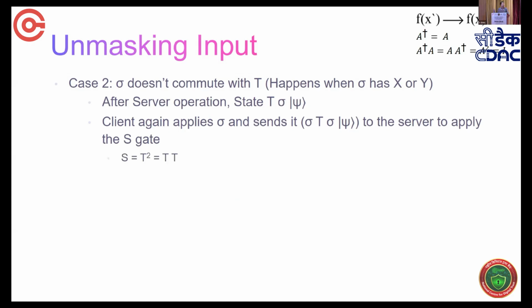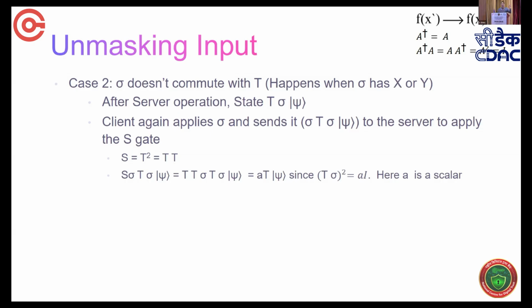After that, it will ask the server to apply another gate, the S gate. S gate is basically S equal to T square, which means it has 2T. So when the server applies this 2T, it becomes S sigma T sigma ket psi, equal to, with S replaced by 2T, T sigma and ket psi.